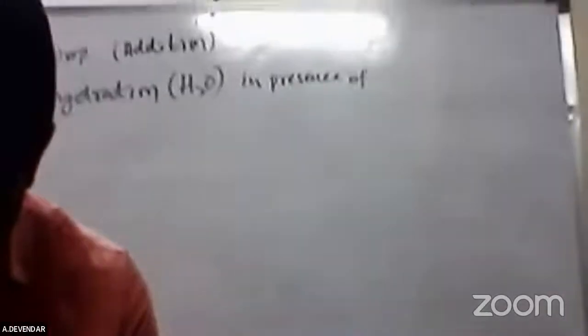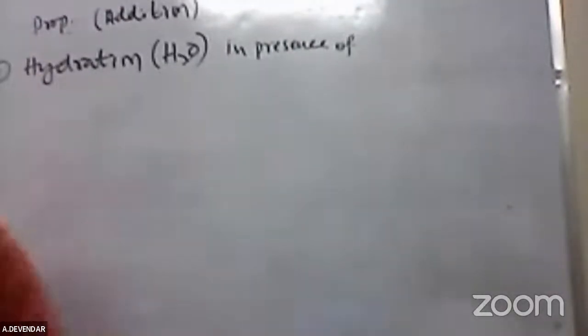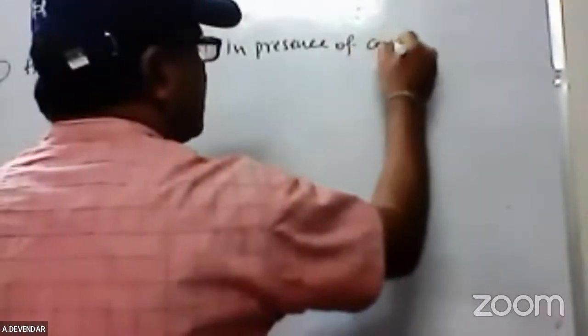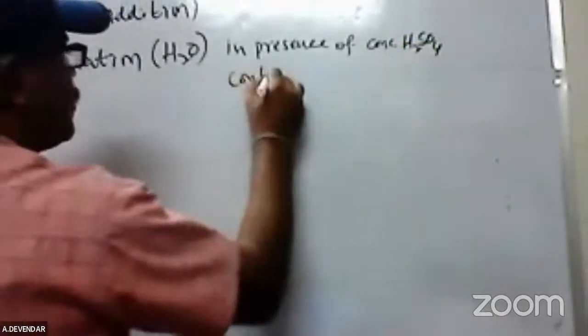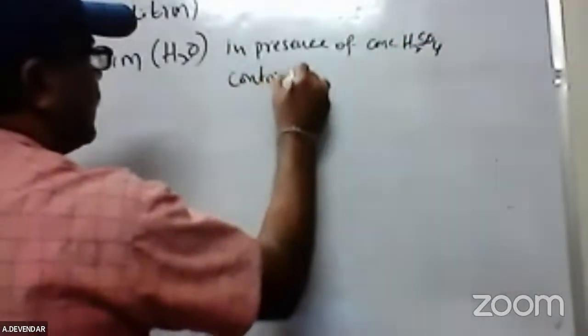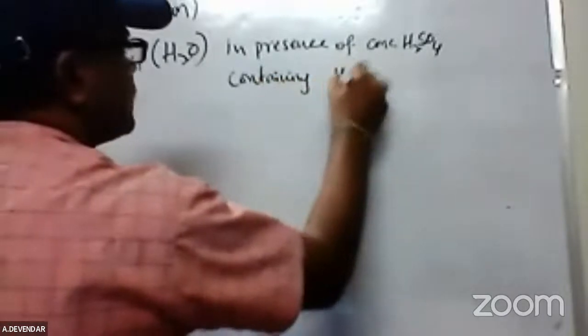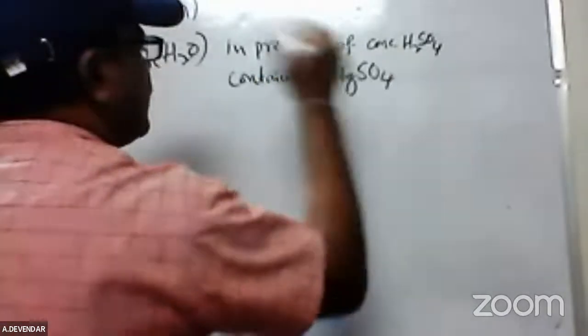Whether it is ferric chloride or whatever, here you are using concentrated sulfuric acid containing mercuric sulfate. These are the two that are very important.